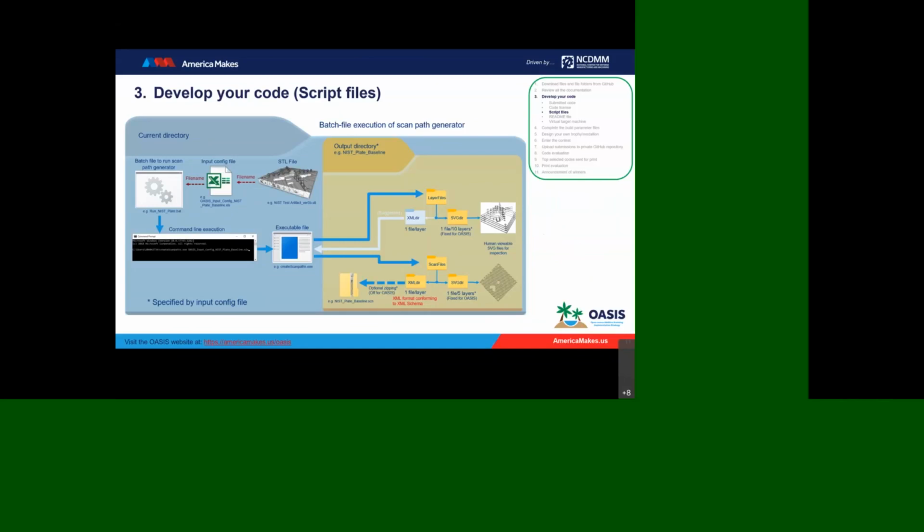So when you execute the batch file, that will call up a command line for execution, which will launch the executable file. The executable file is going to start generating different types of files as output, or at least we expect it will. That's going to go into the output directory, which is specified in the input configuration file.